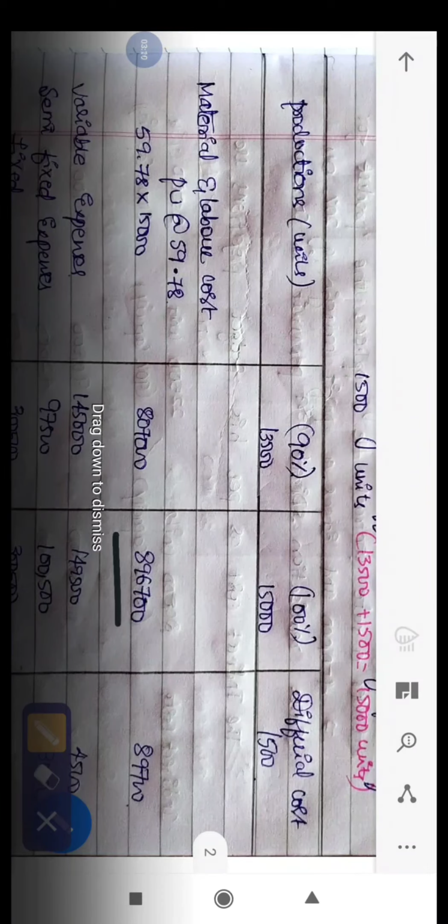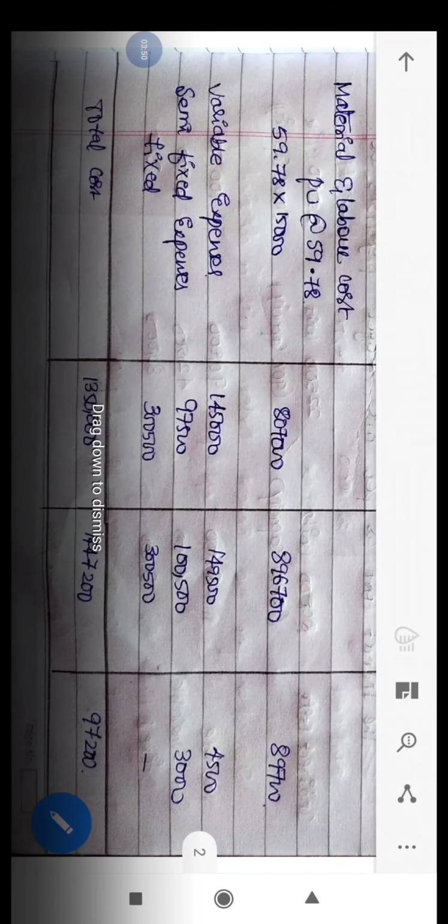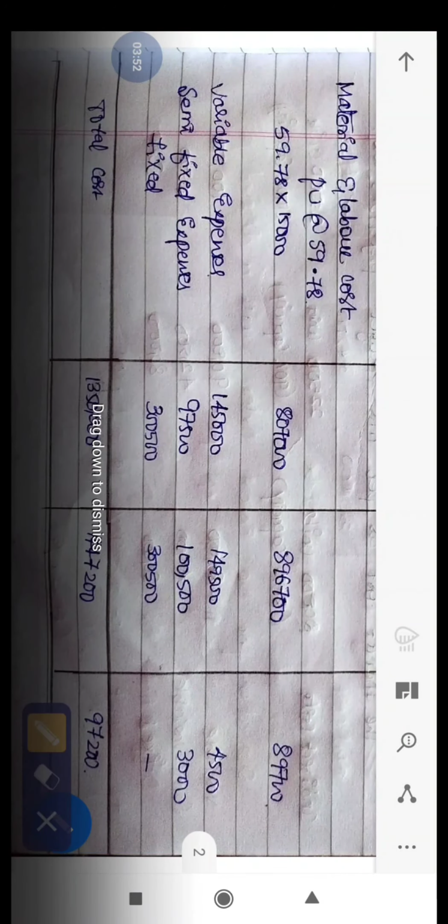See the difference here, 8,07,000 and 8,97,700. So 8,97,700 minus 8,07,000, the difference is 89,700.